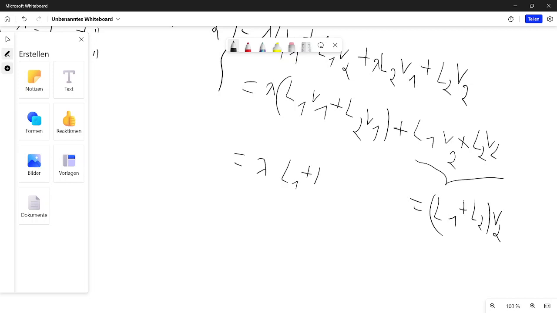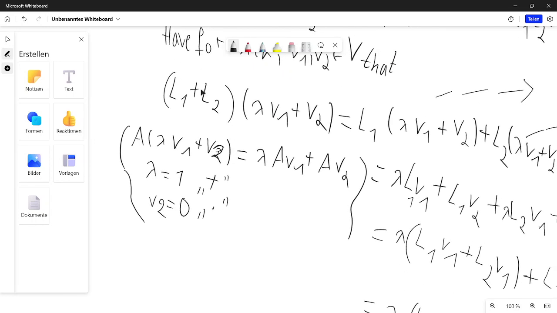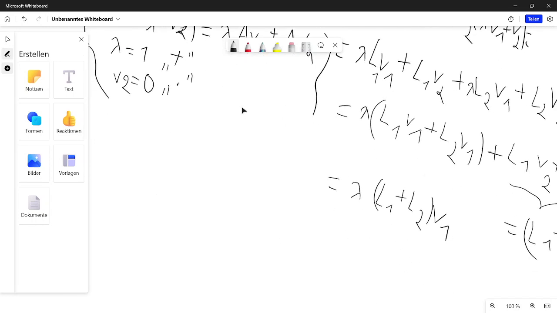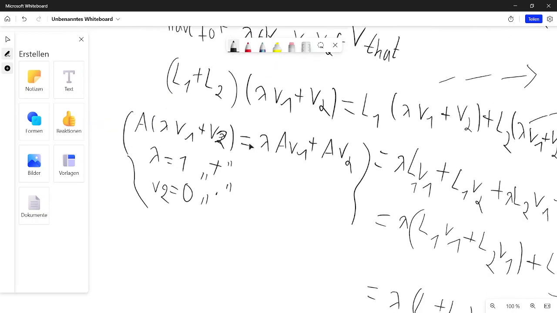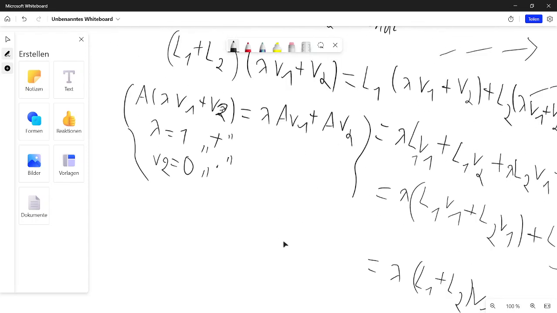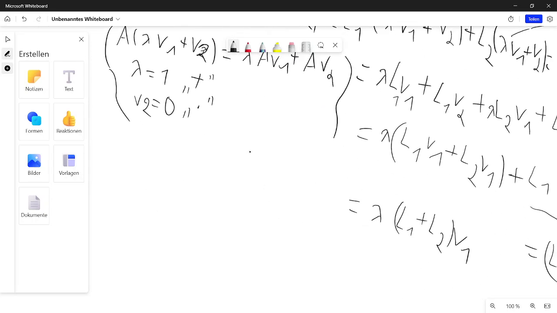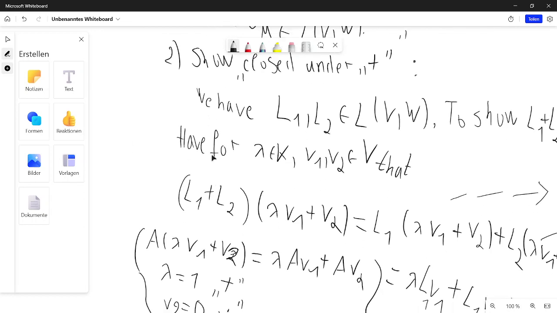L1 plus L2 evaluated at v1, and you can compare that with that for the map A, compare where we started and where we arrived, and you will arrive at the conclusion that if you replace A by L1 plus L2, we have gotten exactly what we wanted, right? So addition is done.